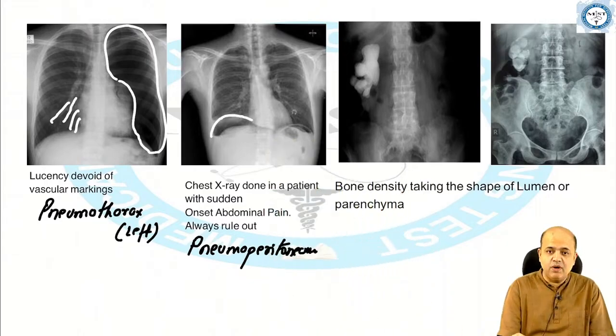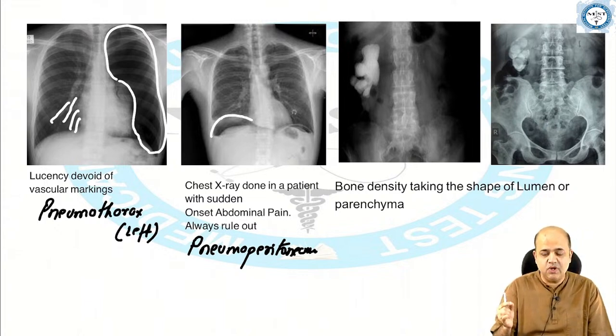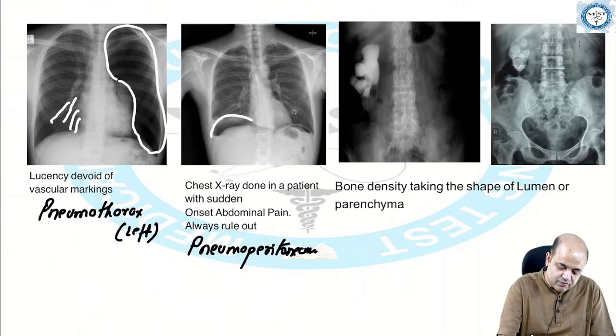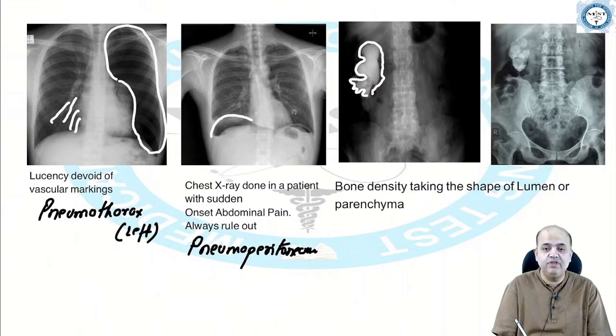So when we talk about the bone density, it is seen in the bones or outside the normal anatomical location of the bones. We see it either within the parenchyma or in the lumen. And here it is there in the lumen. It is taking the shape of the dilated pelvicalyceal system.